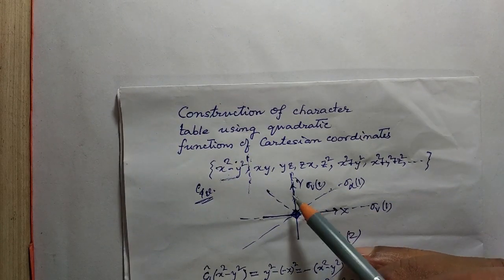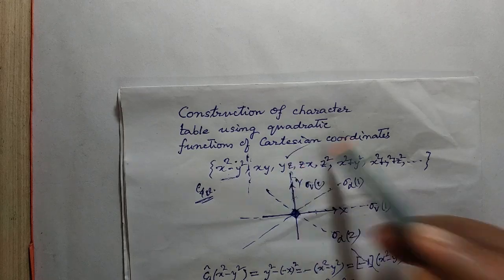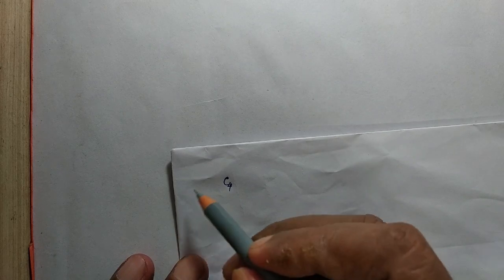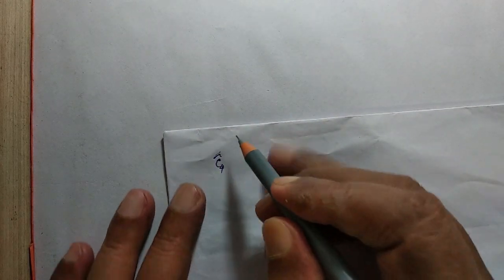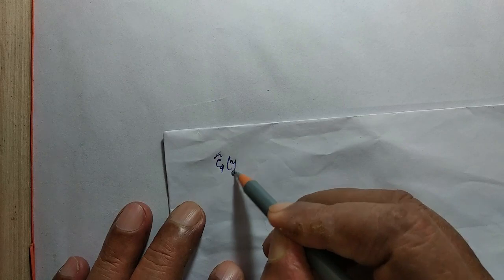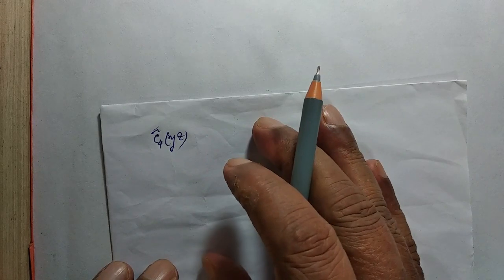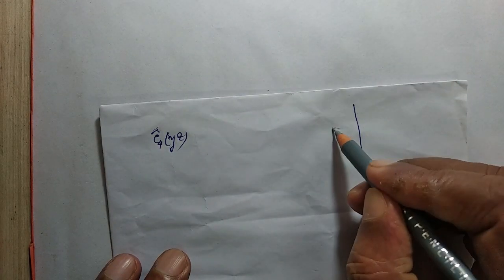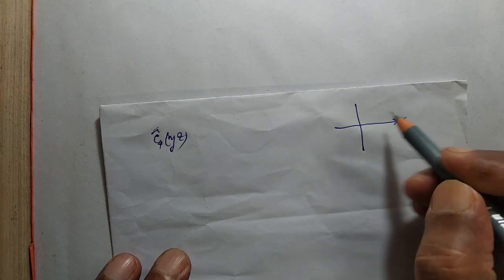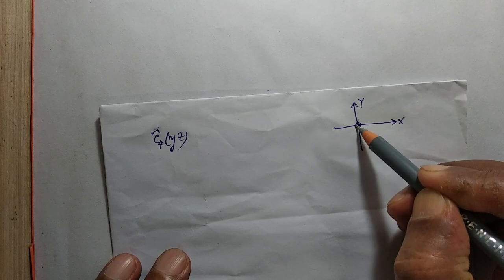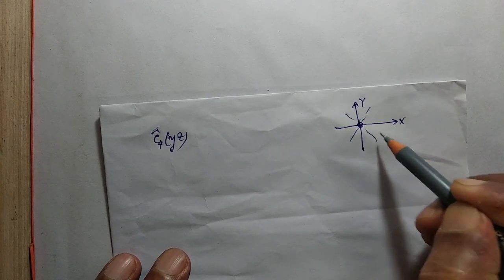We next try the function yz. What is the result of C4 on yz? Coordinate system is here x, y, z, sigma d1, d2.